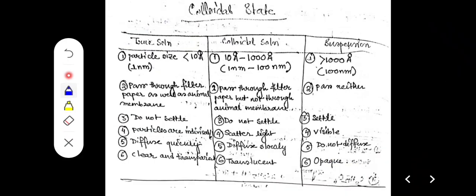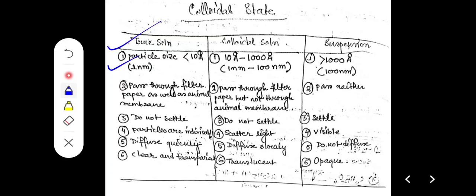Now consider true solution: particle size less than 10 angstrom, or 1 nanometer.